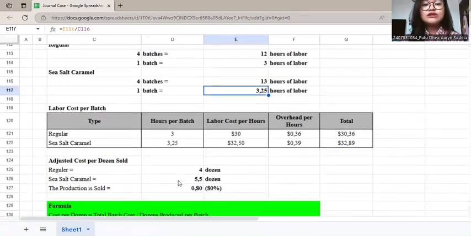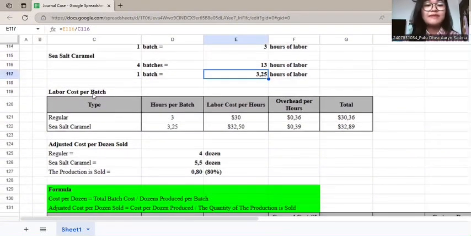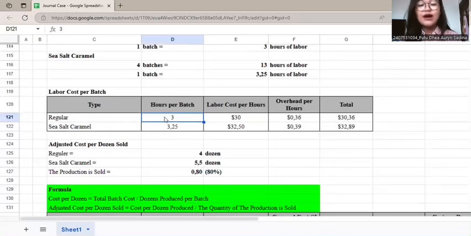To calculate the labor cost per batch, we need the hours per batch for the regular and the sea salt caramel. For the regular it is 3 hours, and for the sea salt caramel it is 3.25.